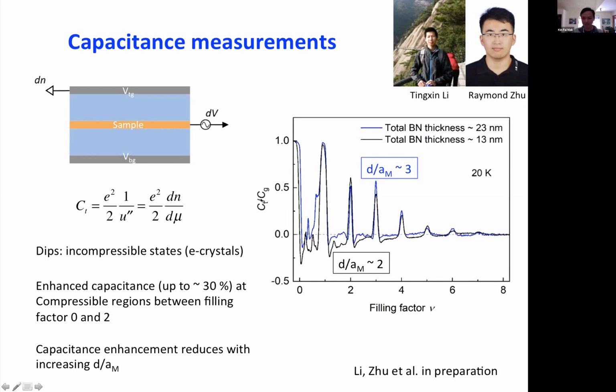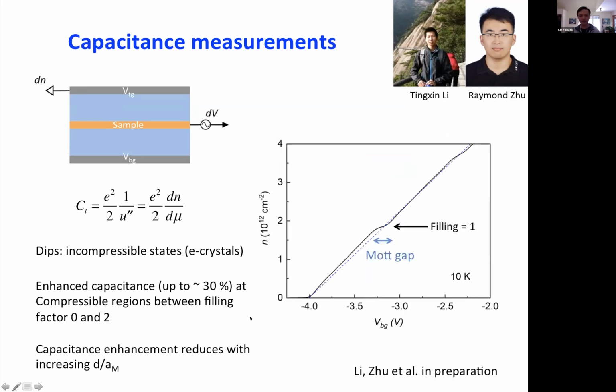This should be CP, sorry, not CT. I made this slide too much in a hurry. You can see that the enhancement in the top gate capacitance decreases when you increase the gate-to-gate distance. Okay, I will just skip that.